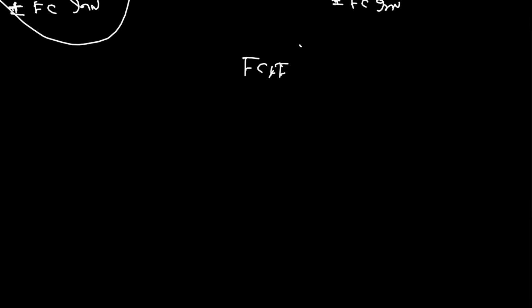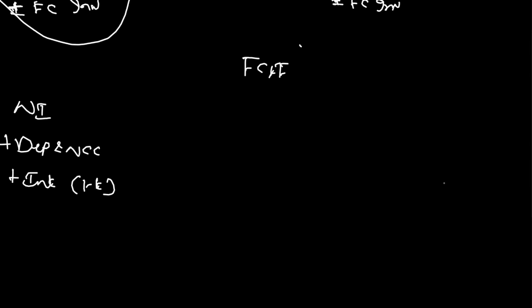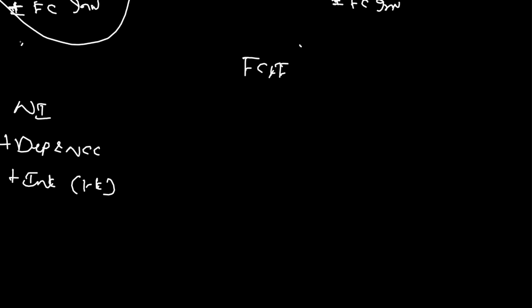Let me write this formula once again. Net income plus depreciation and non-cash charges plus interest into 1 minus tax rate. By the way, tax rate is not given in this question. For company A, I am taking 35% as the tax rate.